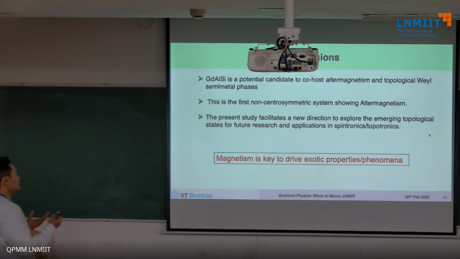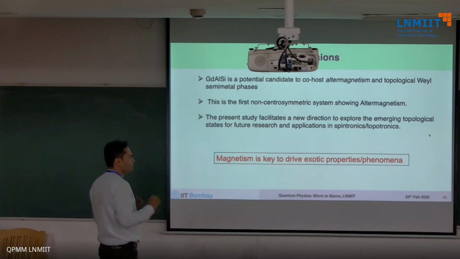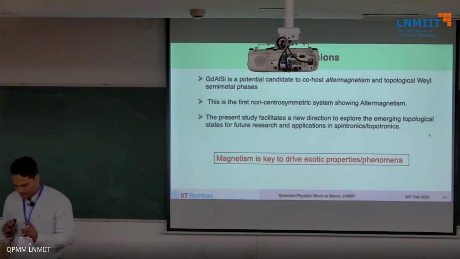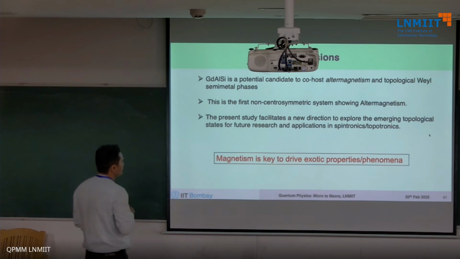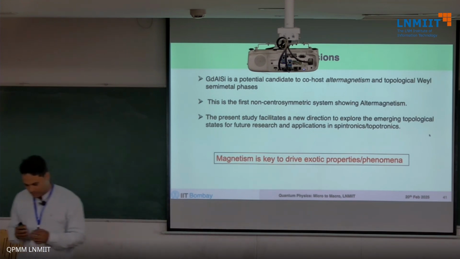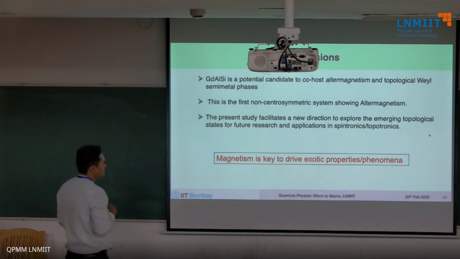So people came up with collinear AFM, which does solve some problems, but then it gets stuck because there is no distinct spin polarization in the conventional collinear antiferromagnet. This problem people try to solve by finding materials that are non-collinear AFM, where there is a spin splitting in your band structure.